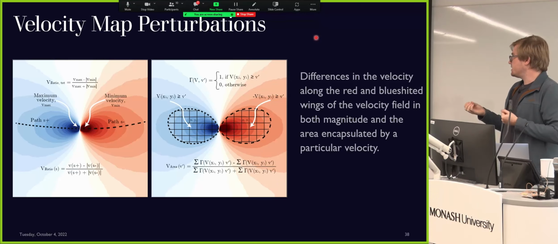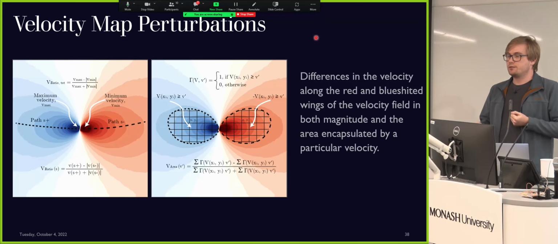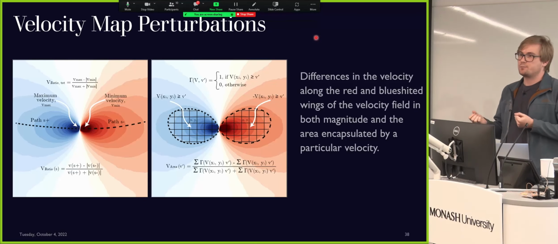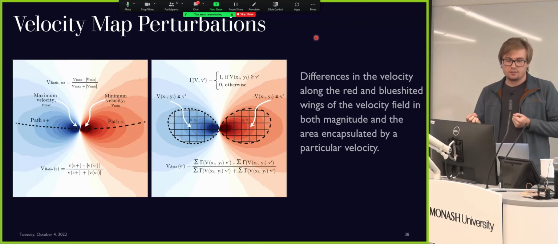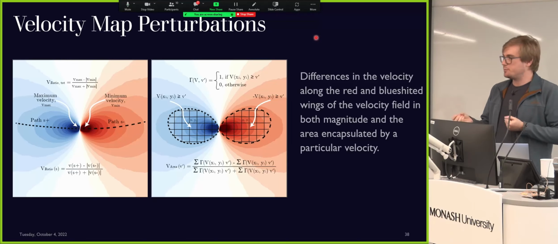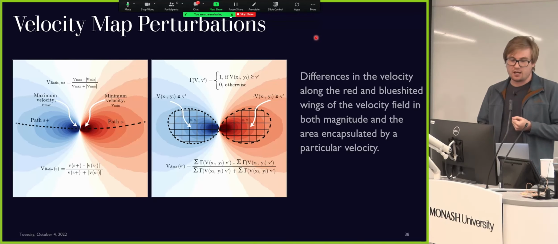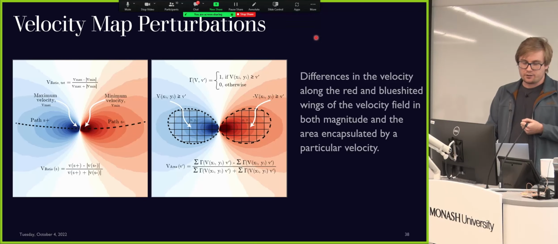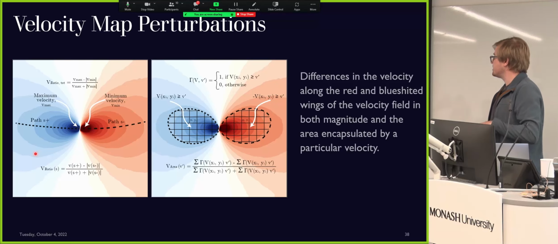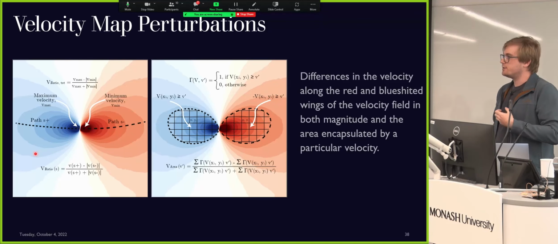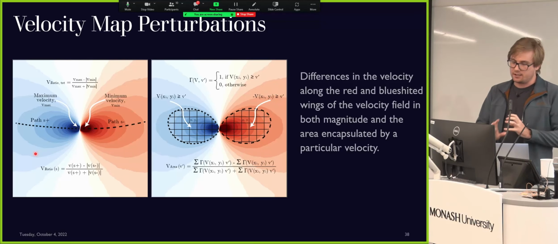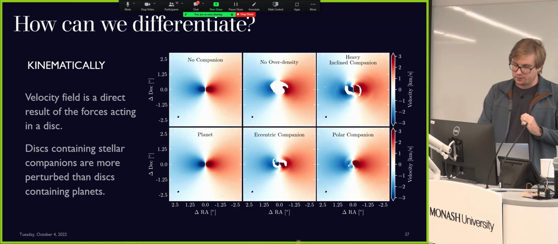In an unperturbed disk, or even a planet hosting disk, this ratio should be close to 0, because the perturbations are small. But in a strongly perturbed disk, this quantity will be large. Not only can we look at the total velocity of the disk, but we can also look at the area that some particular velocity is encapsulating.